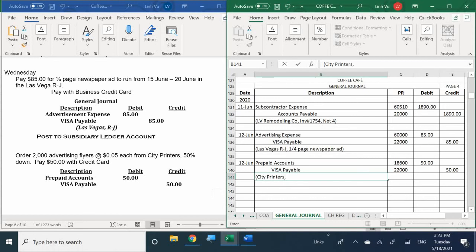We don't have an invoice yet because we haven't received the bill, but they did require us to do a 50% down payment on 2,000 flyers.